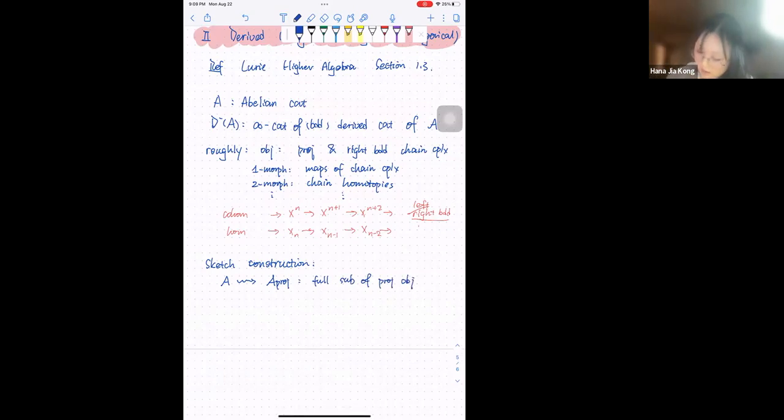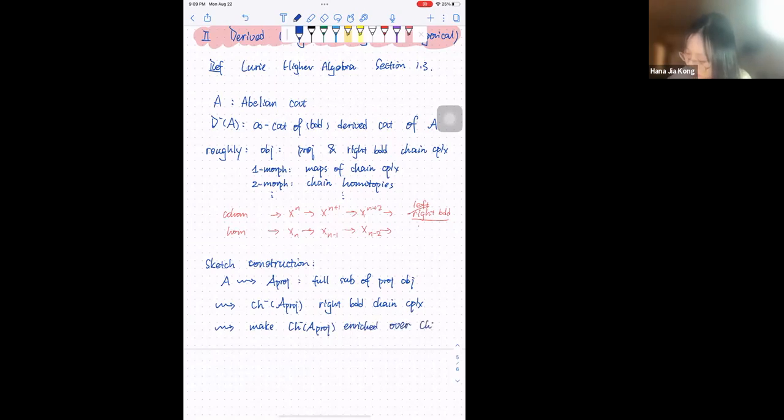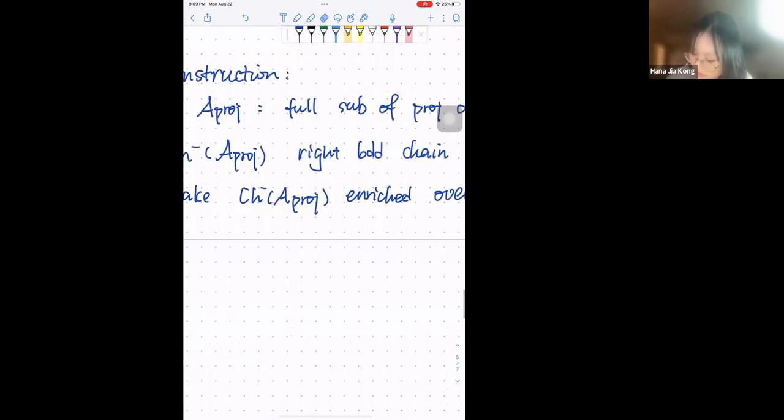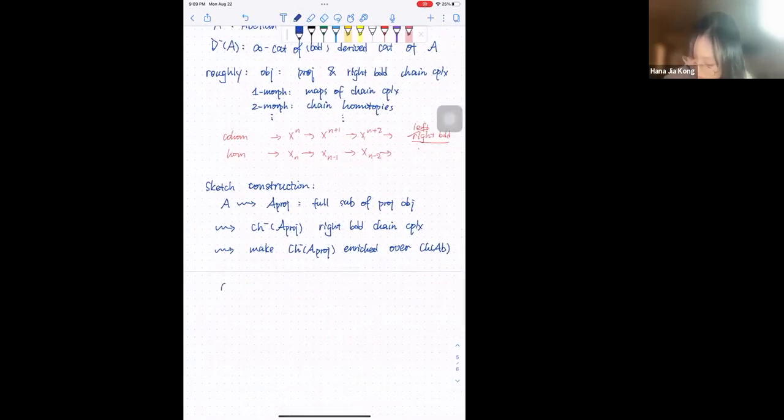Then you can take the right bounded chain complexes, and you can make it enriched over the chain complexes of abelian groups, and then use a functor.